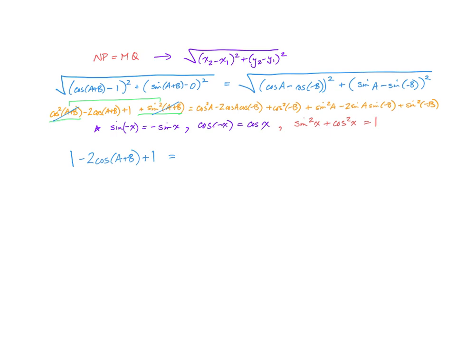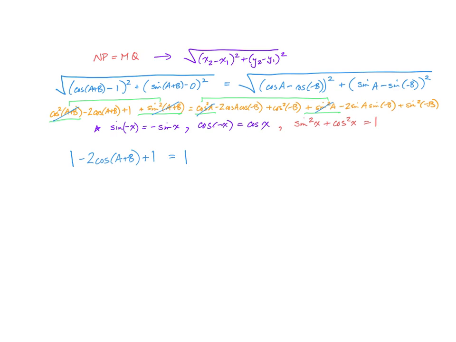Okay, let's scan on the right side. Well, I have this cos squared a, and if I go all the way down here, then I notice that I have a positive sine squared a. So I have a sine squared a plus cos squared a. I know that that gives me 1.